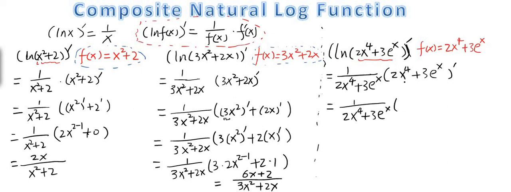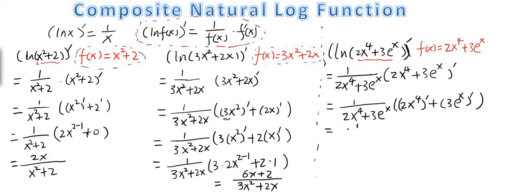For the derivative of these two terms we can use the sum rule, right? We do the derivative for each term: the derivative of 2x to the power 4 plus the derivative of 3 times e to the power x, prime.